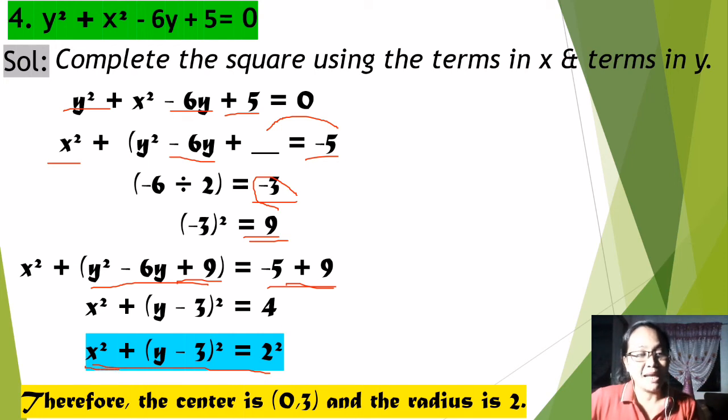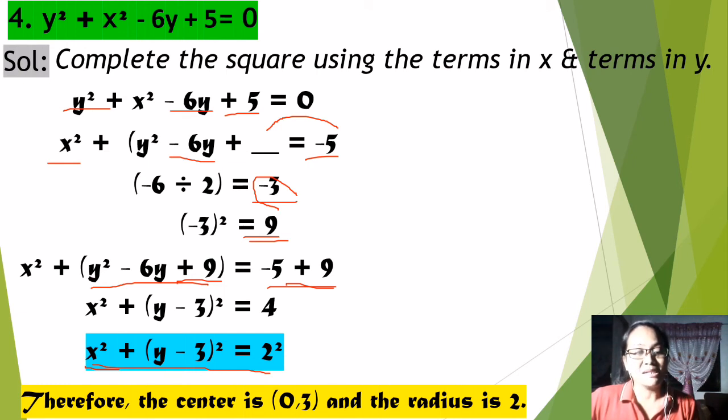So x squared, gaya ng sinabi ko kanina, since x lang siya, i-equate natin ito sa 0 at tatanggalin natin ang exponent niya by putting radical sign, magkakaroon tayo ng 0.